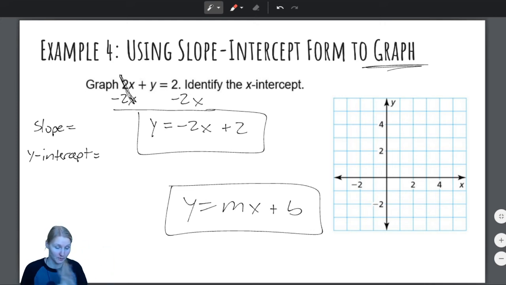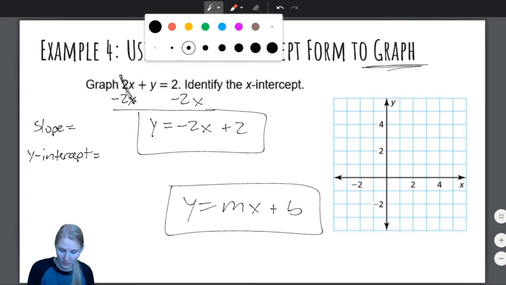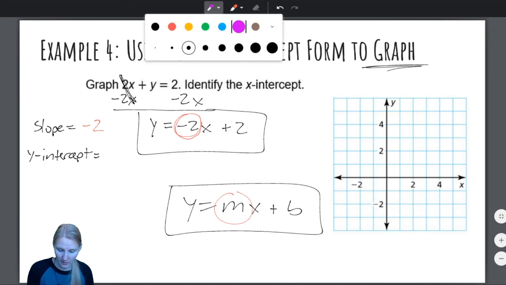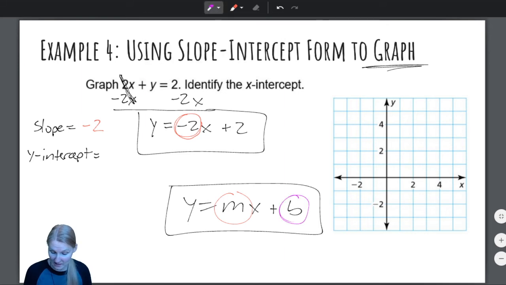Step number 2. What is my slope and y-intercept? Well, my slope is m, which is negative 2. And my y-intercept is b, which is 2.